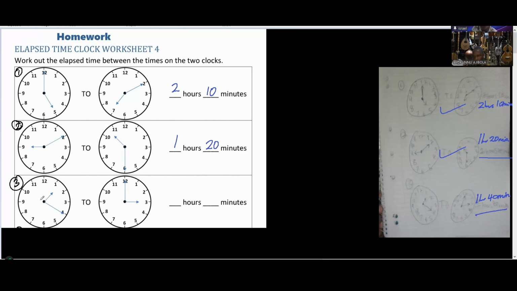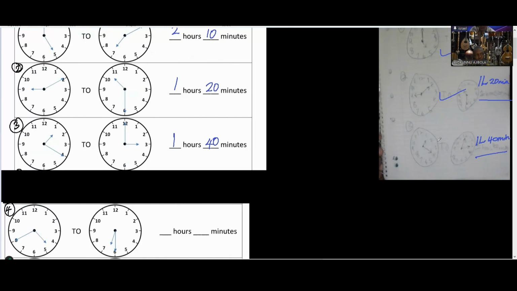Then the next one we have from 1:20 to 3 o'clock. So 1:20 to 2:20, that's an hour. Then 40 minutes. So that's 1 hour, 40 minutes, and that is also correct.